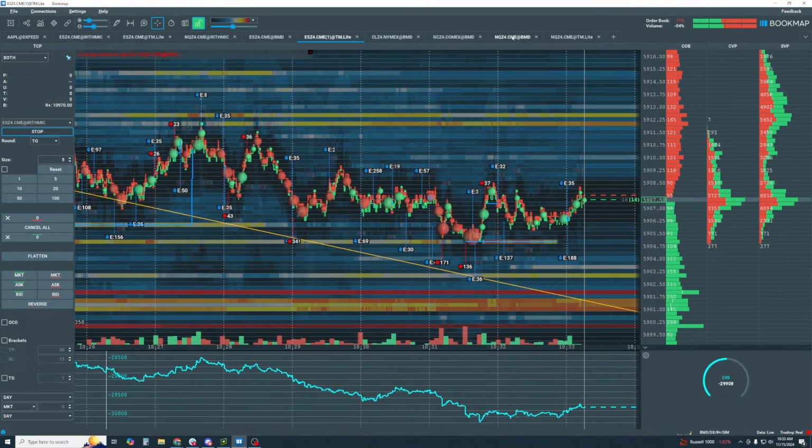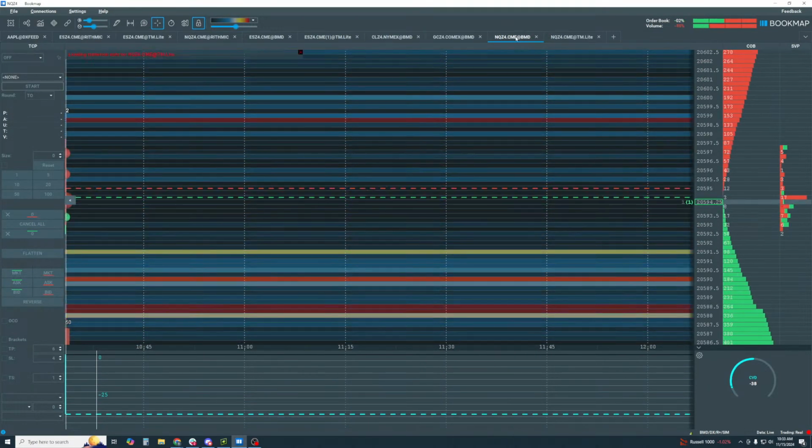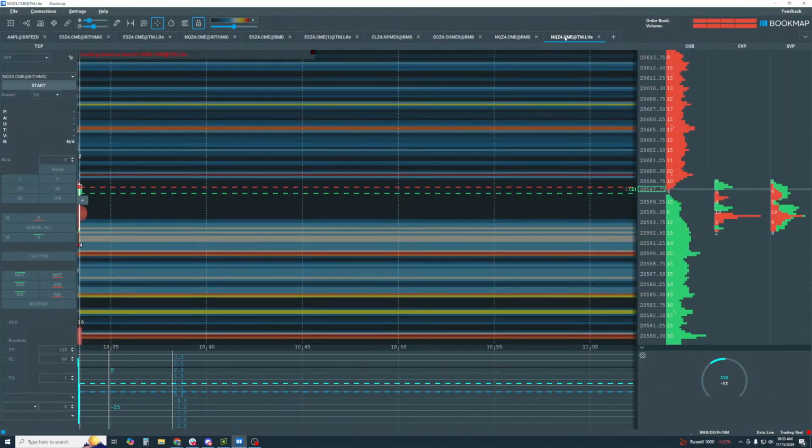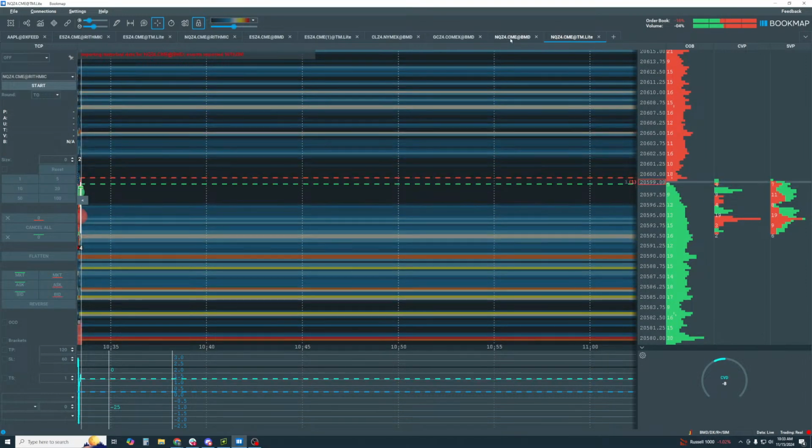I didn't do it here, I think because I did it earlier, the Nasdaq popped up, but you'll also get a message that pops up and says, do you want to open the symbol for TraderMap Lite?